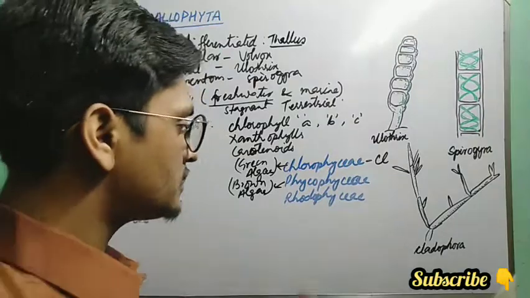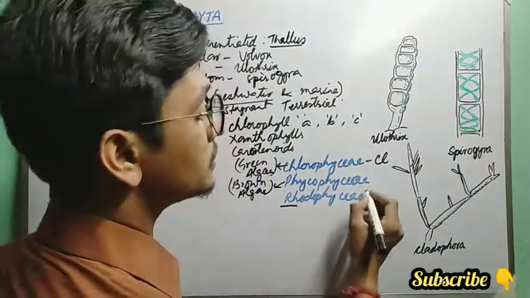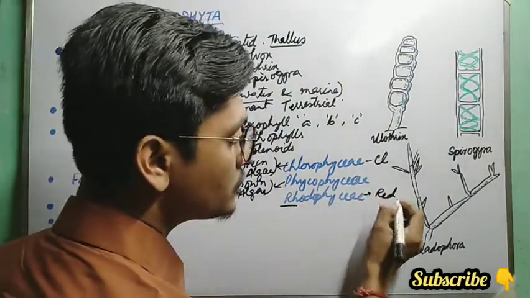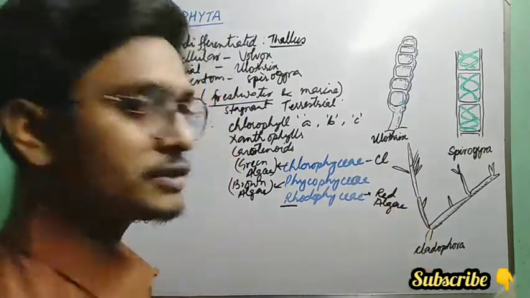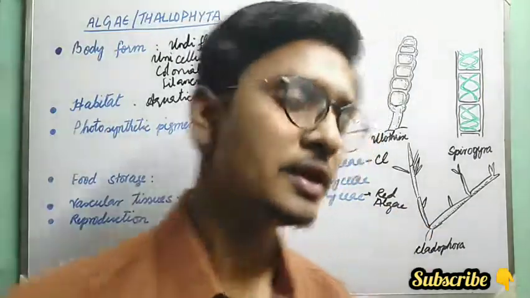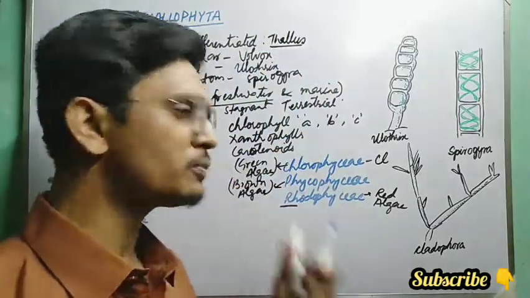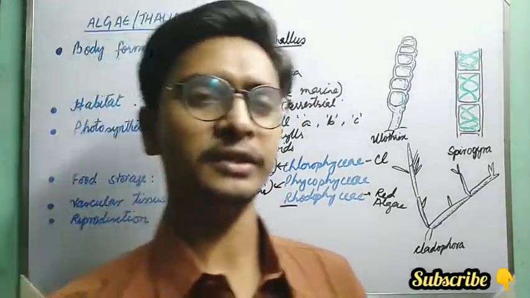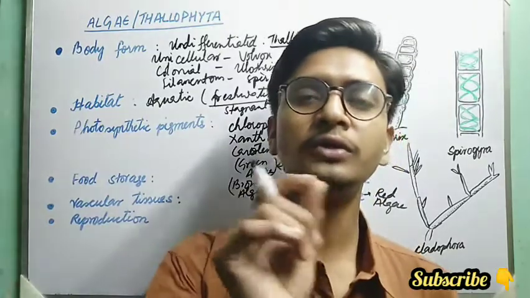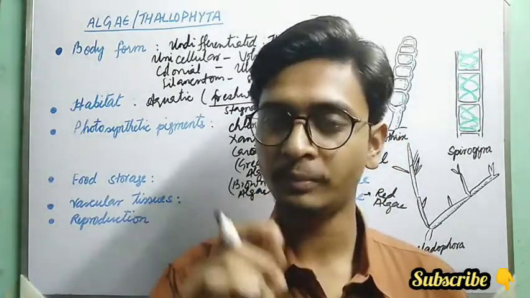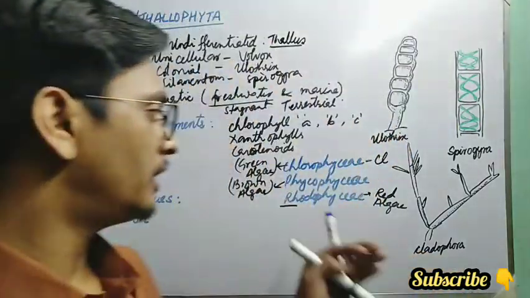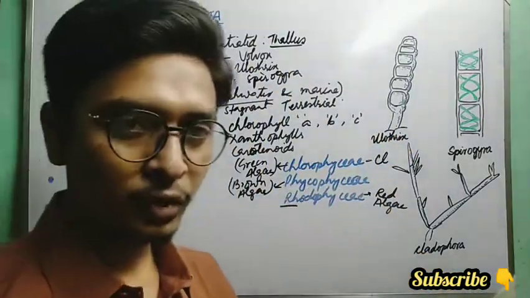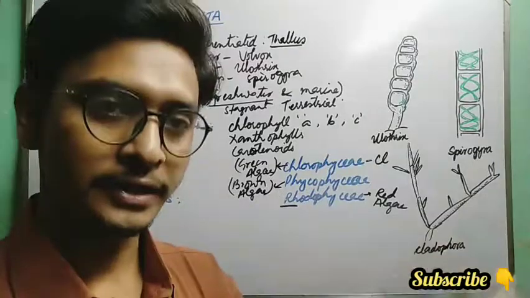And Rhodophyceae, it starts with the letter R, so you must not get confused. It is the red algae. It has another type of photosynthetic pigment. So they have different types of photosynthetic pigment inside their bodies, and according to the type of pigment present, they are named Chlorophyceae, Phaeophyceae and Rhodophyceae.